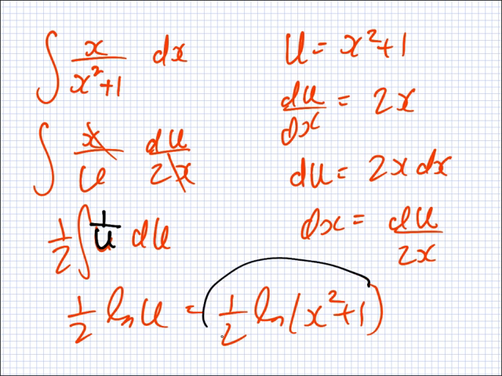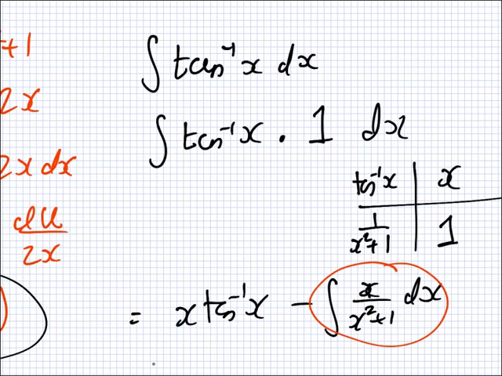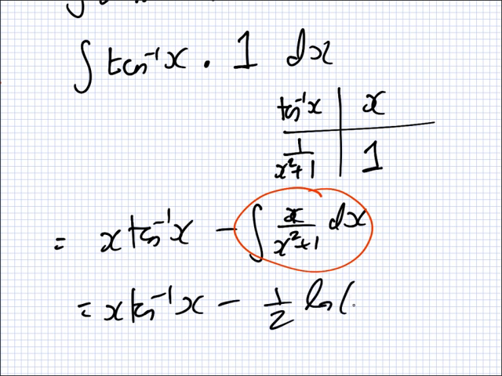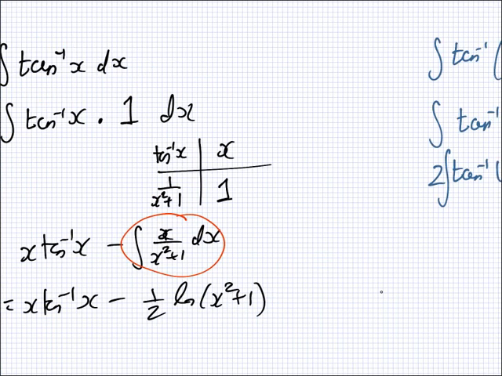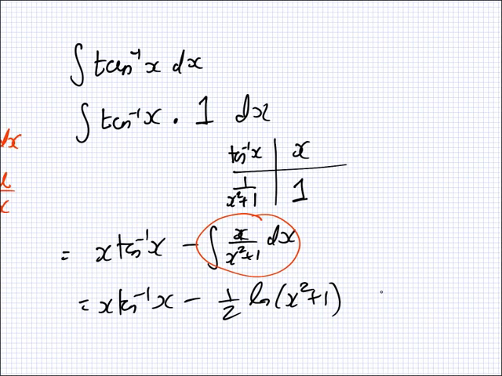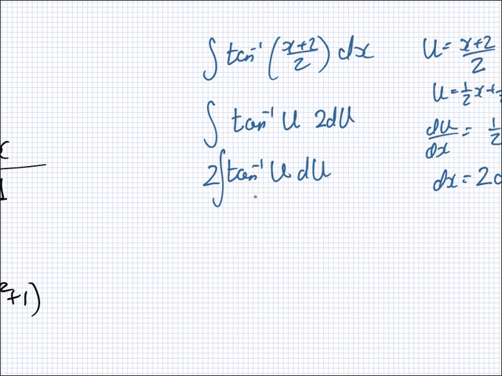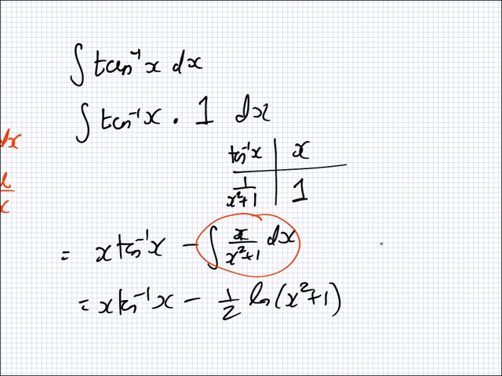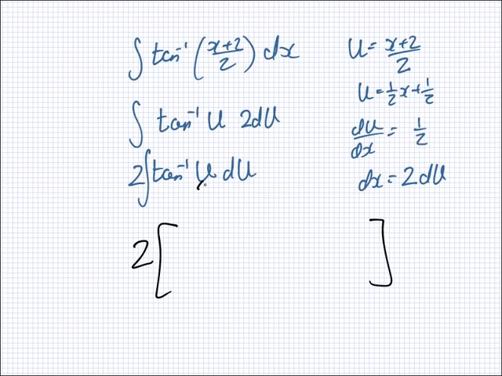So this integrated to a half log x squared plus 1. So we go across here, which means that integrated to a half log x squared plus 1. Isn't that what I just said? Yeah. Right, so now we have to go back here. The reason we needed that was because we had this tan inverse u problem here. So that is equal to 2 bracket this one here. But we're using the letter u instead of x.